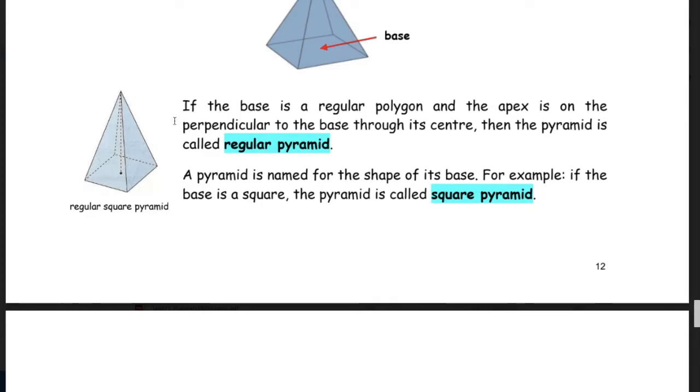So this means that from the apex here, if we could draw a line from the apex to the center, and this line is perpendicular to the base, which we know is 90 degrees, it's a regular pyramid. A pyramid is named for the shape of its base, just like the prism. For example, if the base is a square, the pyramid is called a square pyramid. Makes sense.